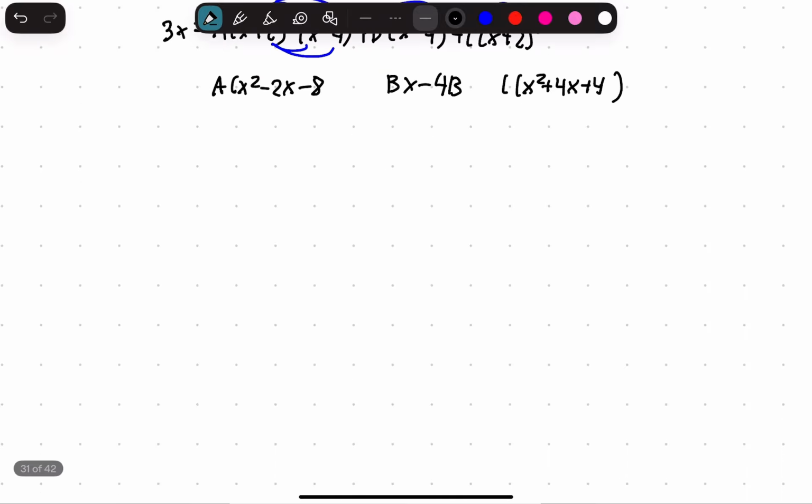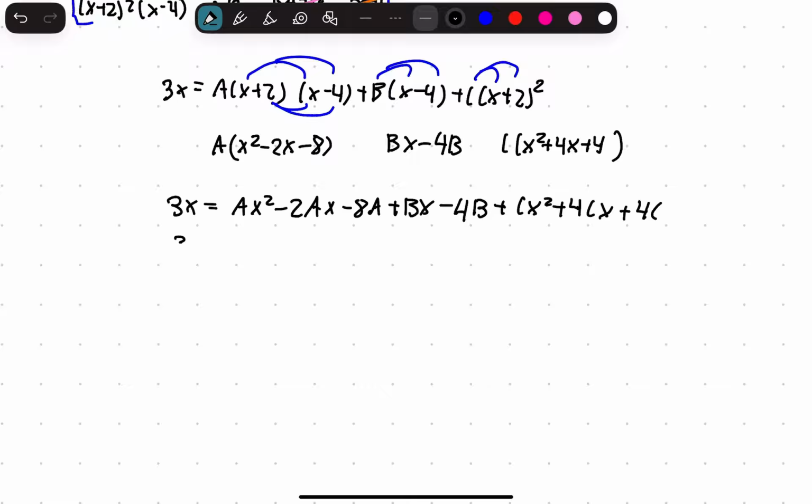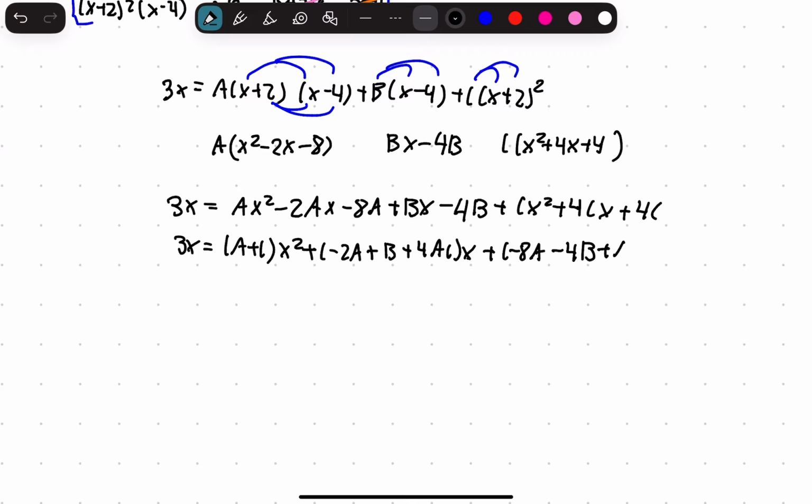Now we can combine. So this is going to be 3x is equal to this entire expression. 3x is going to be equal to a plus c times x squared plus negative 2a plus b plus 4c times x plus negative 8a minus 4b plus 4c.